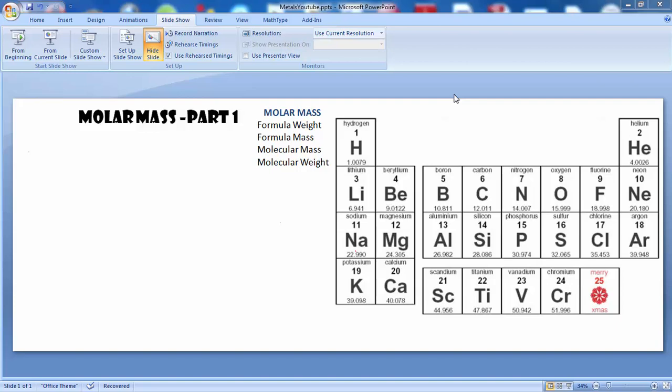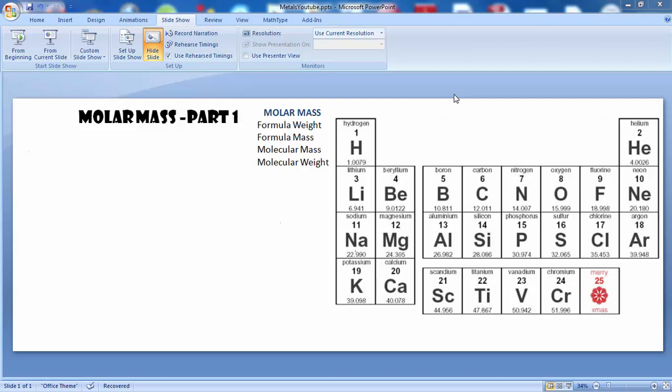So we could say the molar mass of a compound is equal to 1 mole of its molecules, and the book uses the terminology of formula units, which is essentially 1 mole is equal to its formula mass. So rather than using atomic mass units as we did for formula mass, we will use grams for molar mass.